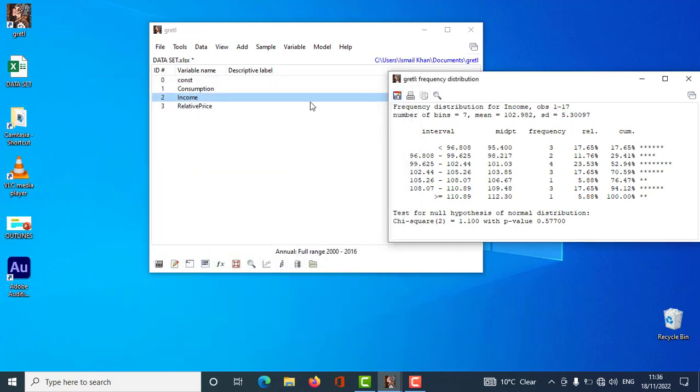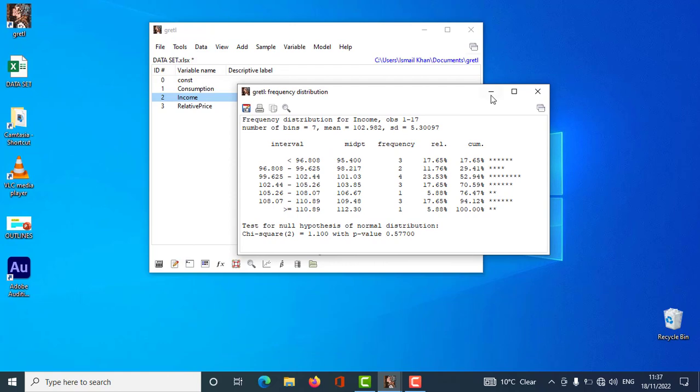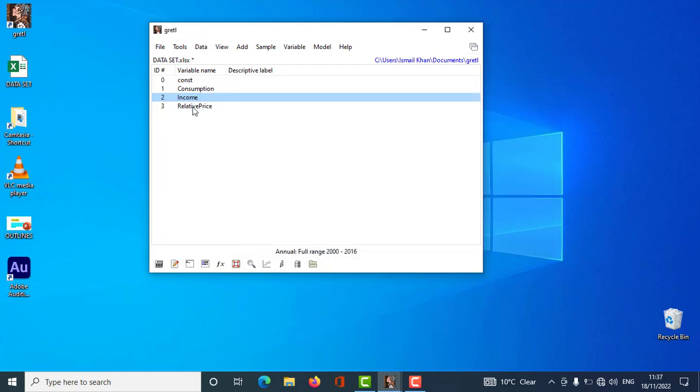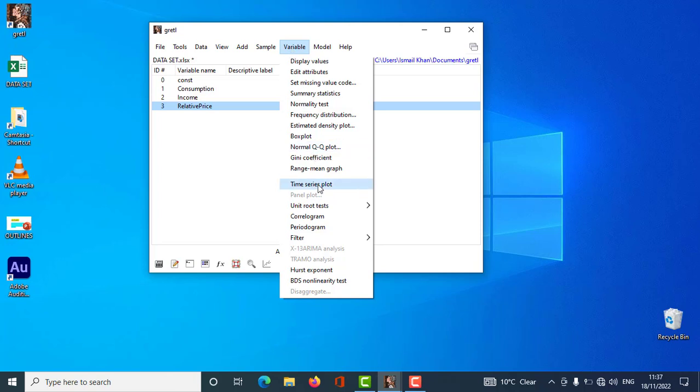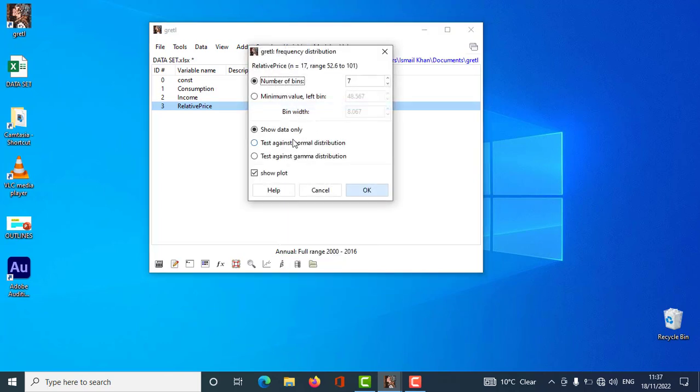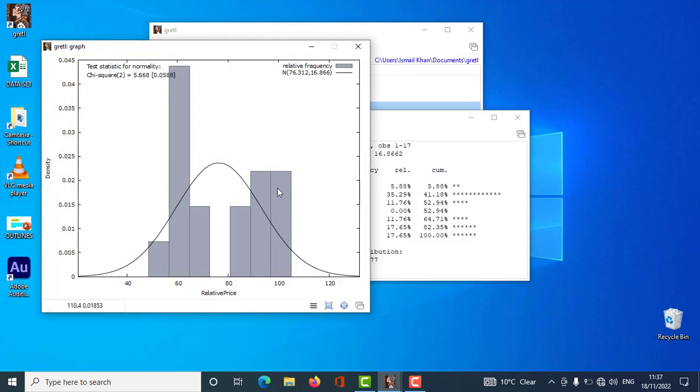Alright, now we come to our third variable, which is relative price. I click on relative price, then go to variable, and then click on frequency distribution, test against normal distribution. Okay.